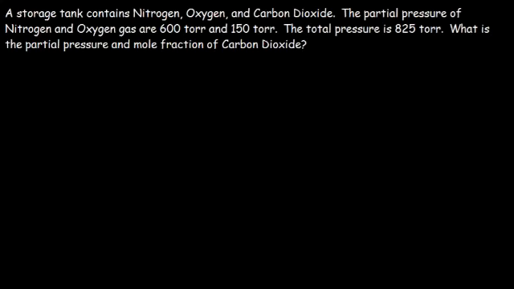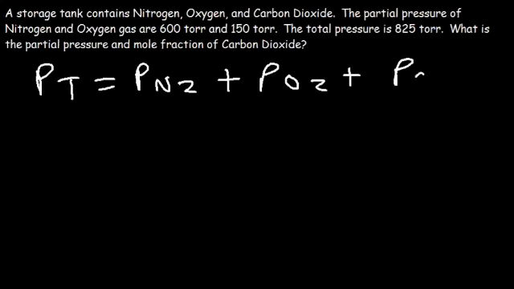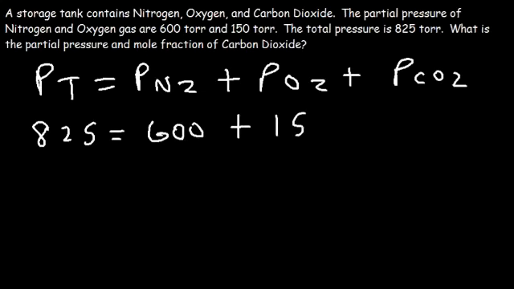So according to Dalton's law, the total pressure is the sum of the individual partial pressures. So that's the partial pressure of N2, O2, and CO2. Now we know that the total pressure is, not 600, but 825. The partial pressure of N2 is 600, and for O2, it's 150.